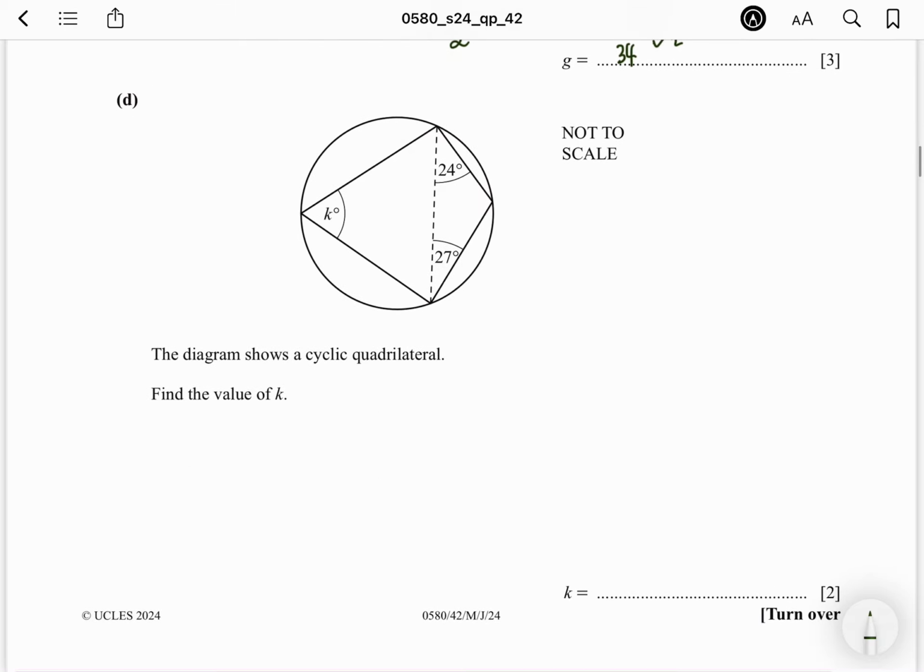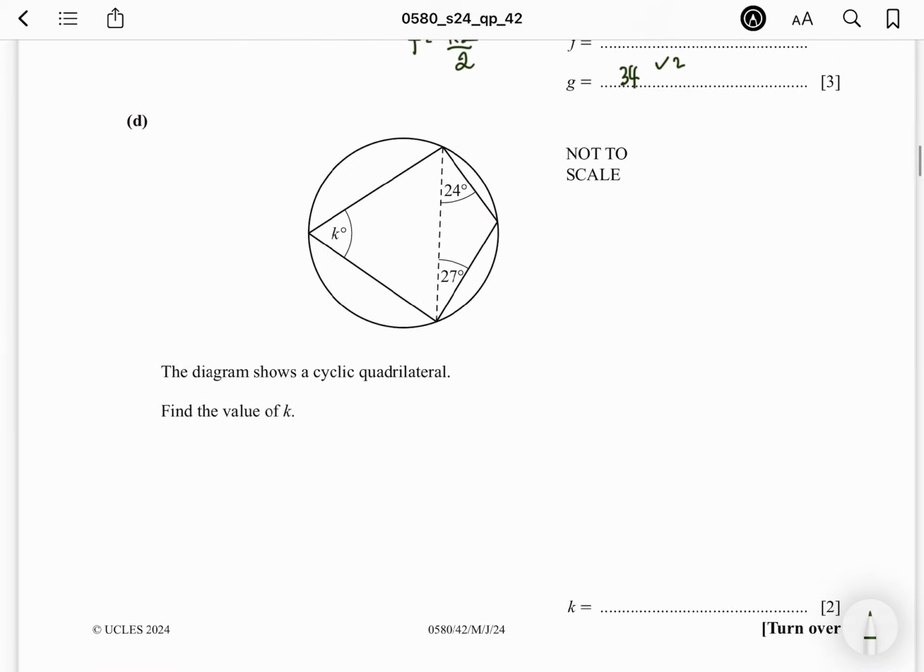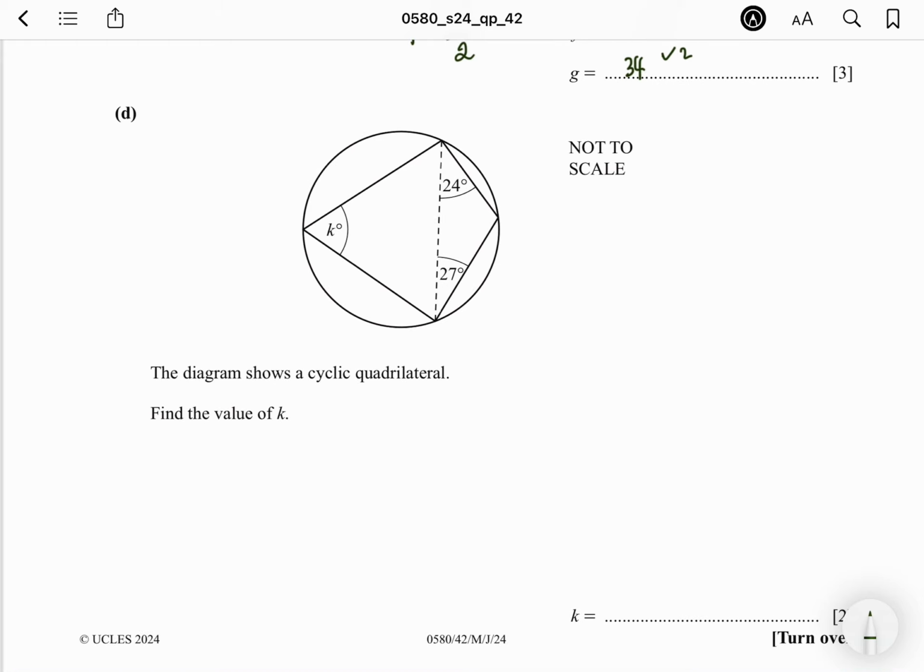Moving on. Oh, kacang ini. Dia tahu sudah ni. Dia cakap cyclic quadrilateral. Cluenya cyclic quadrilateral. What is the property of cyclic quadrilateral? Opposite angles are? Okay, sum of opposite angles in a cyclic quadrilateral equals to 180. That means the opposite angle is here.